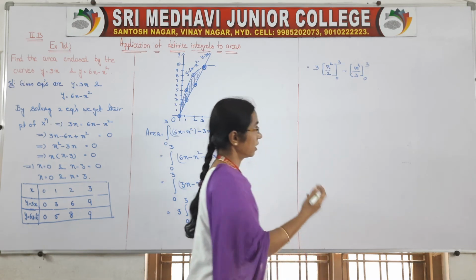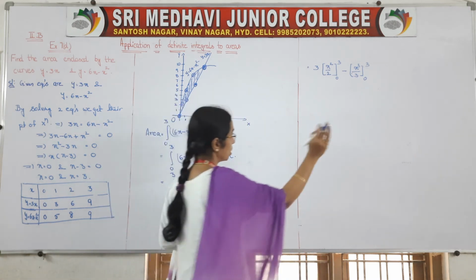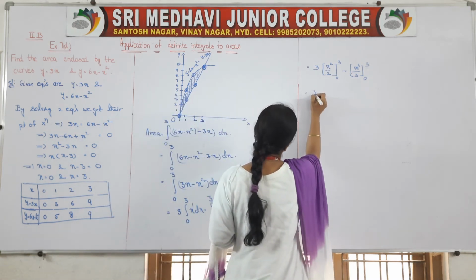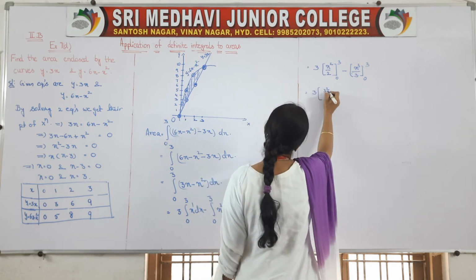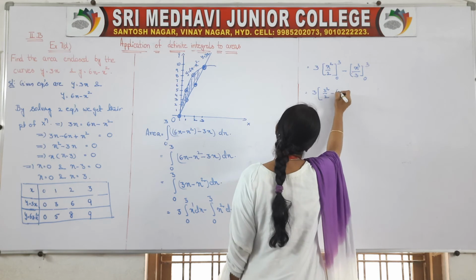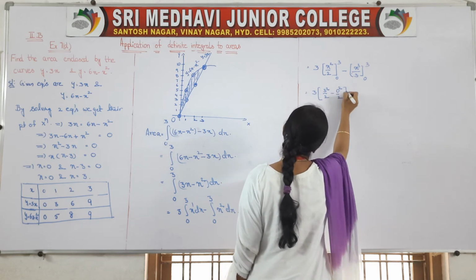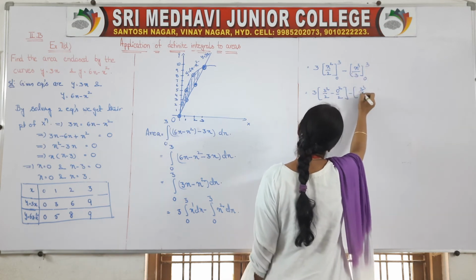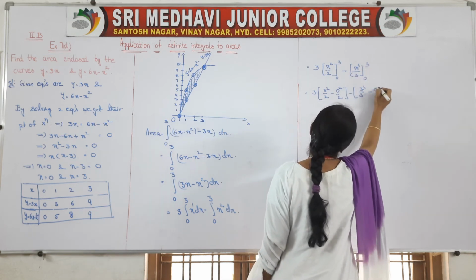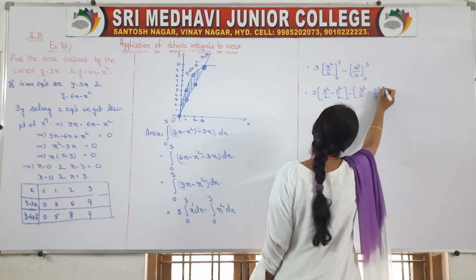Or you can take the limits combined also, it makes no difference. First the upper limit, 3 square by 2 minus the lower limit, 0 square by 2. Similarly here, upper limit 3 cube by 3 minus 0 cube by 3.